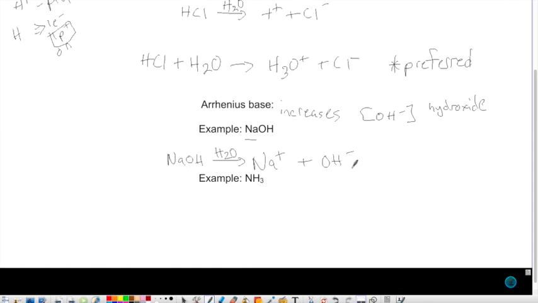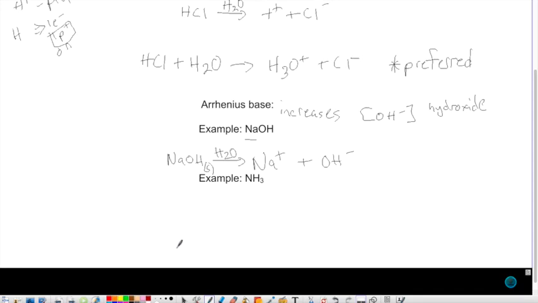So here's my dissociation reaction. Notice that by dissolving the solid in water, I make sodium ions and hydroxide ions. Importantly, I make hydroxide ions, so this would fit the bill for an Arrhenius base.